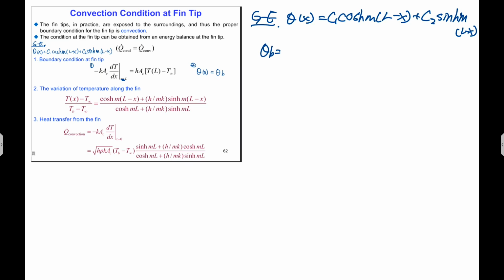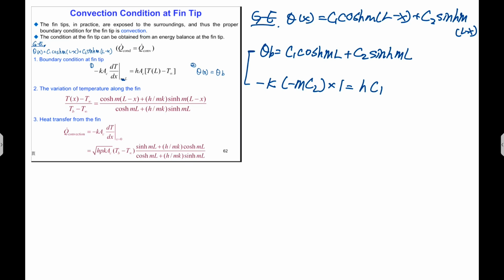Then theta b will become C1 hypercosine ML plus C2 hypersine ML, minus K A, then put into, become MC2 times 1 equals HC2. Okay, we substitute L directly, C1 C2. Then here we need to employ a trick.